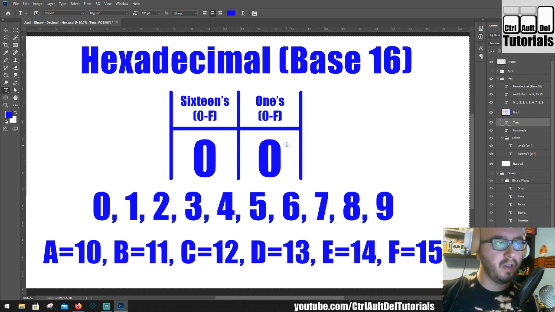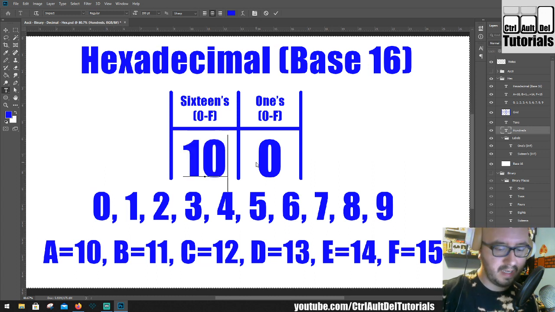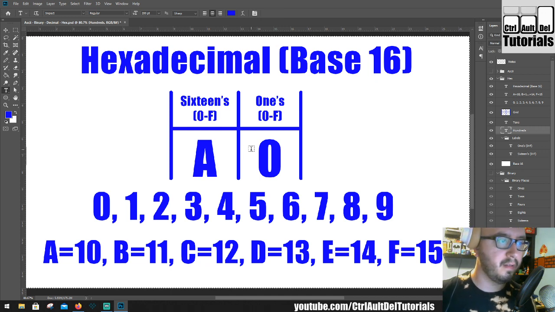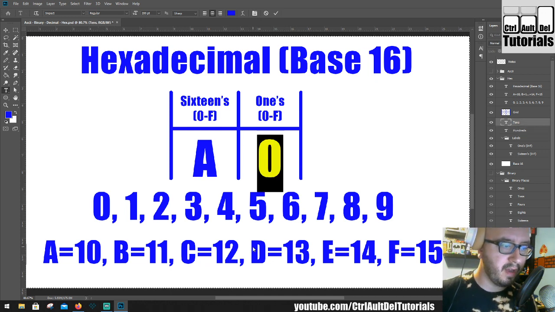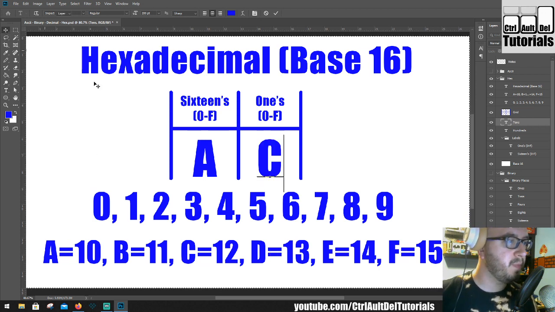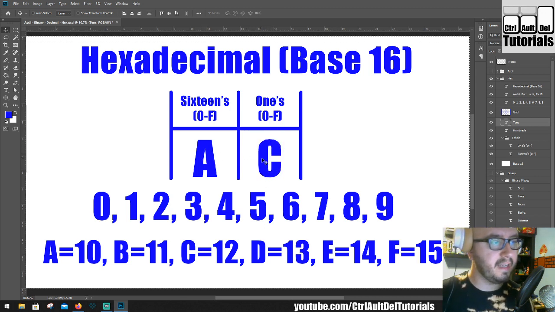So how do we figure out decimal values of hexadecimal? I'm glad you asked. Let's say I've got a 10 here. Can't put 10, so I put A. And let's say I've got, let's do C. So that is my hexadecimal value, AC.